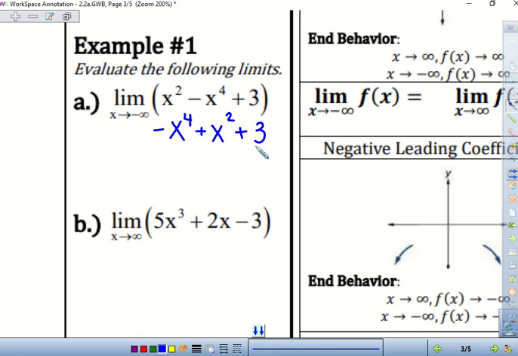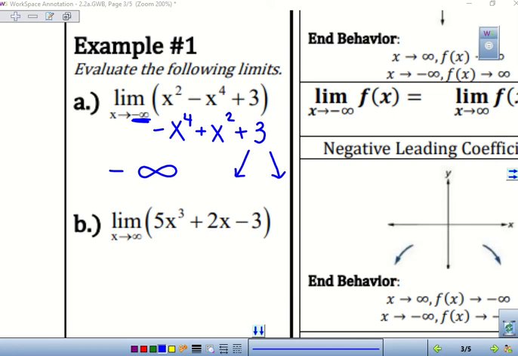It tells us what the degree of the function is. In this case, what is the degree here? 4. Good, so it's an even degree with a, what kind of leading coefficient? So this is even negative. So even negative, both sides go downward, right? So no matter what side we're looking at, the negative infinity side, it's going down to negative infinity, okay?